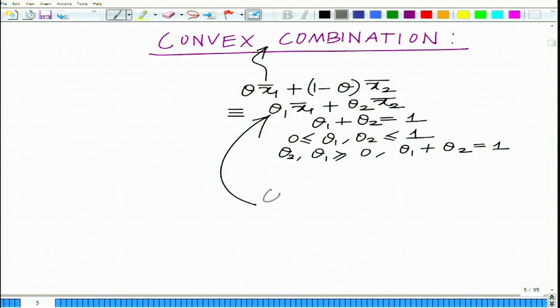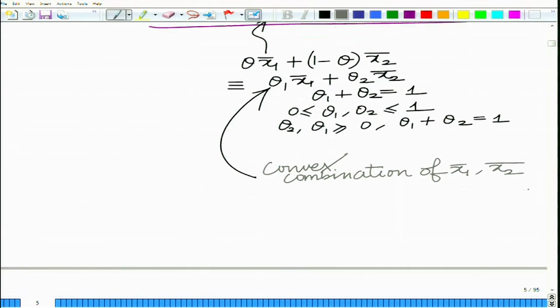Okay. Such a combination is known as a convex combination, termed as a convex combination of x1 bar and x2 bar. Now, I can generalize this notion of convex combination.